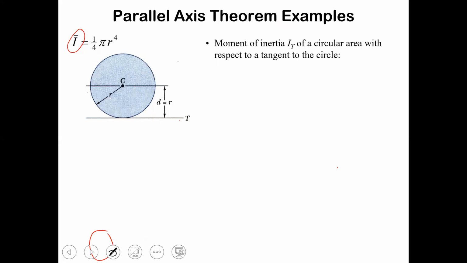Well, we're given the formula for the moment of inertia about the centroidal axis, and that's what the I bar tends to mean. If you see an I bar, that usually means it's about the centroid. Centroidal MI.